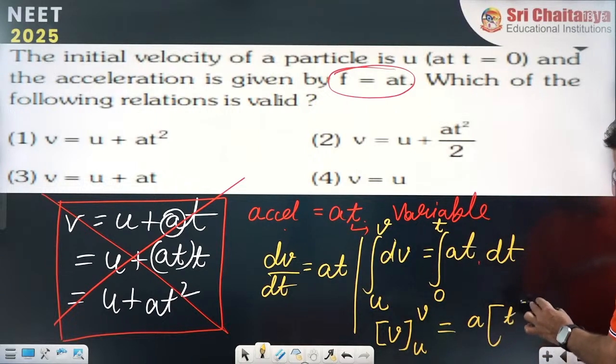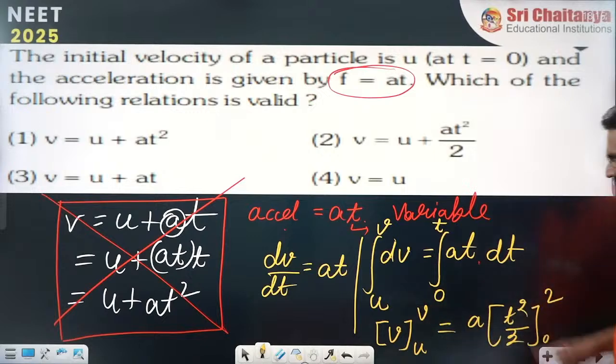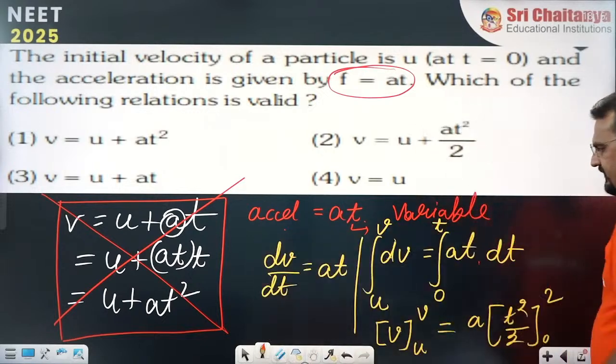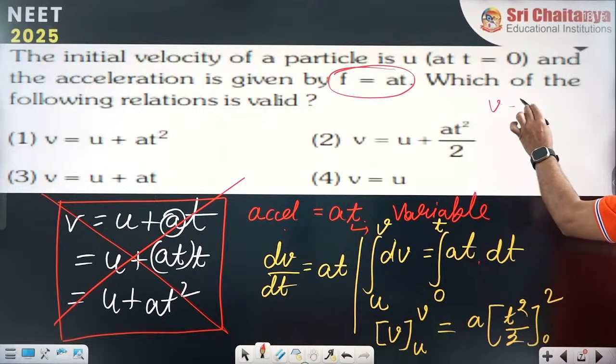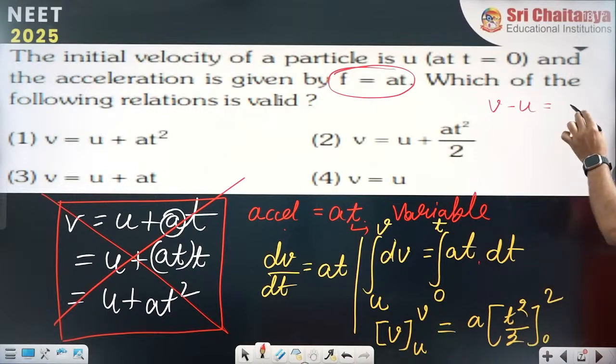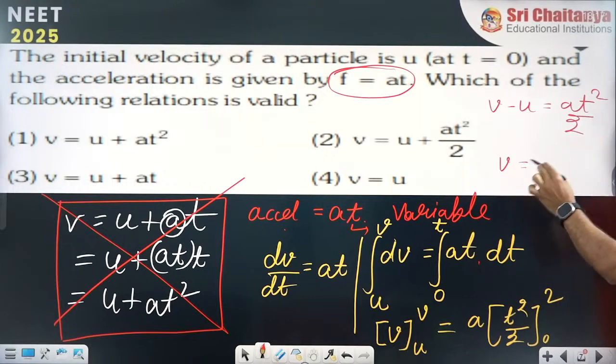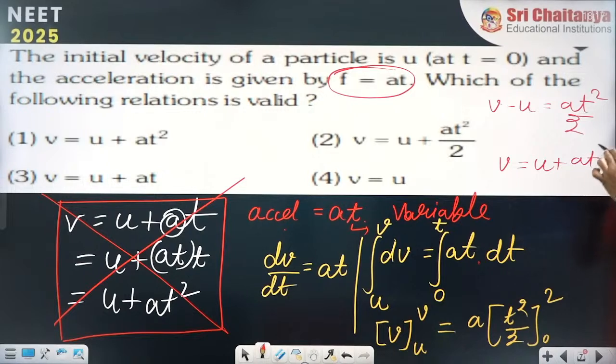The integration of t is going to be t square by 2, from 0 to t. Now put this value. This is the final: v minus u equal to at square divided by 2. So v equal to u plus at square by 2. So why have we taken so much time to solve this?